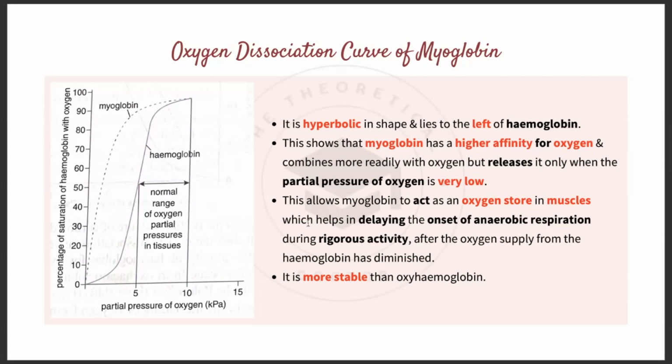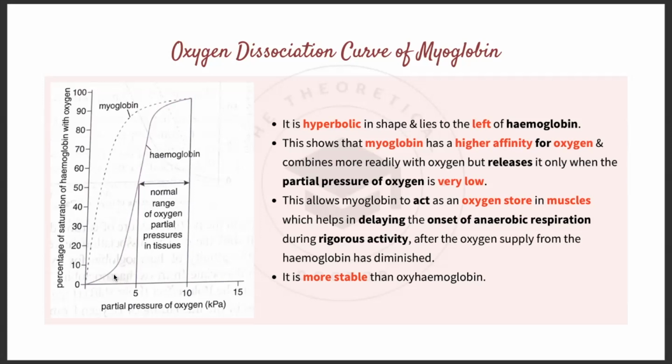This allows myoglobin to act as an oxygen store in muscle, which helps in delaying the onset of anaerobic respiration during rigorous activity after the oxygen supply from hemoglobin has diminished. So it's very easy to store oxygen, but at the same time, if you were to release it, it's going to be really hard. But that's good because you need a backup, you need some oxygen savings basically.